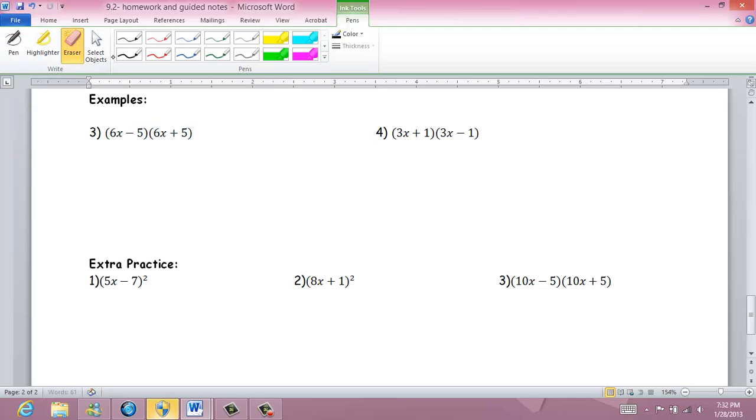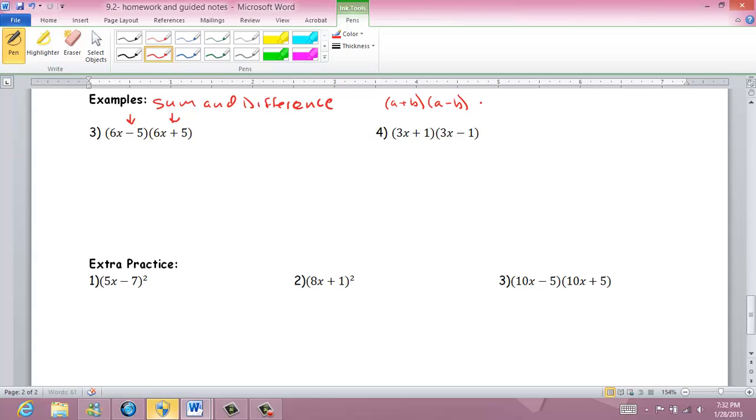What we call this type of problem is a sum and difference problem. In a sum and difference problem, the terms are the same, but the only difference is because I have subtraction in one and addition in the other. Now let's see what happens here. If I just take any binomial and say, okay, here's a sum and difference problem: a plus b, a minus b.